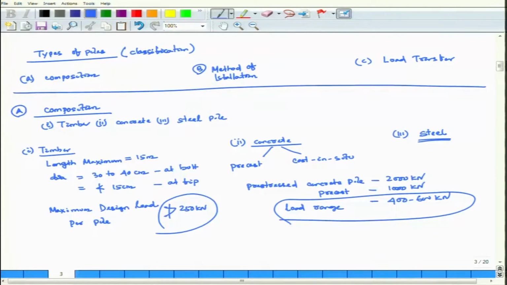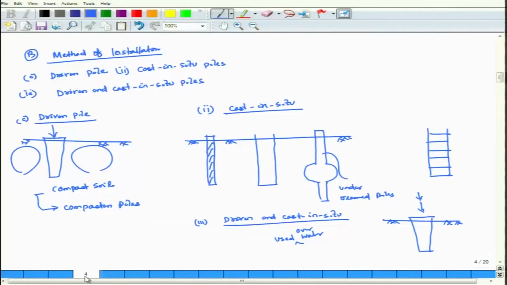Concrete is precast as well as cast in situ. Then for pre-stressed concrete pile, load will be taken as 2000 kilonewton, precast 1000. Steel piles are used particularly to prevent corrosion effects. Methods of installation: driven, cast in situ, and driven and cast in situ piles.